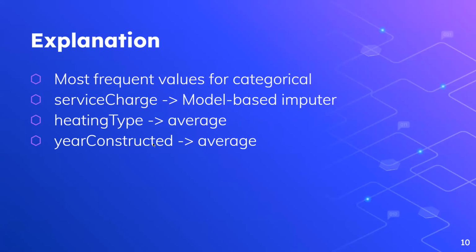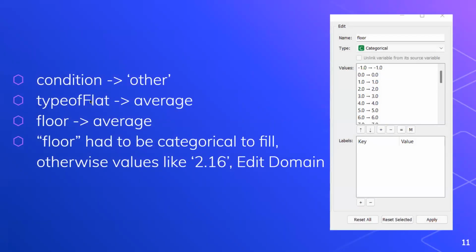Year constructed, we have looked at the years in our data set, and we decided that the average value for year was feasible in terms of realistic data sets. In condition, we have imputed the values to the other value we created. Type of flats was also the most frequent.